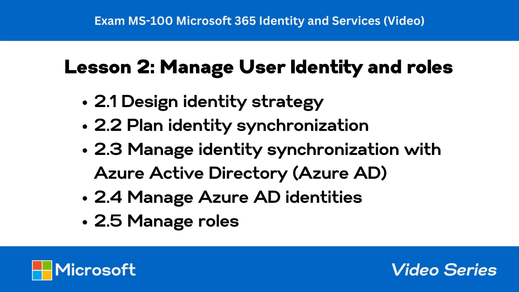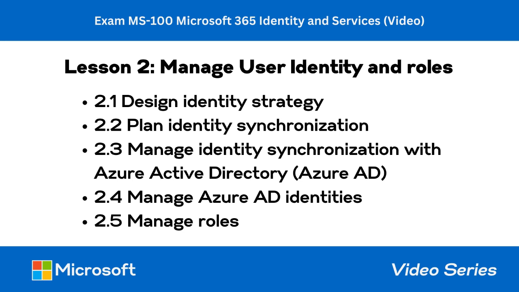We'll start by talking about designing an identity strategy, including topics like determining how your users should authenticate and whether you need to synchronize your cloud identity management solution with your on-prem one. Then we'll go on to talk about some of the specifics of planning a synchronization strategy, including using the IDFix tool to review and prepare your on-prem Active Directory forest.